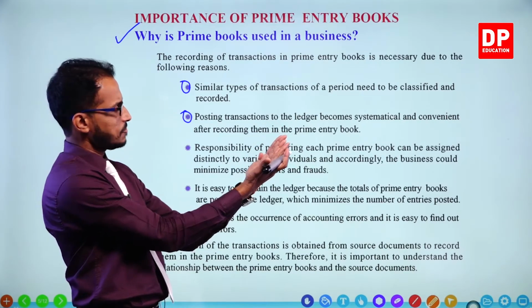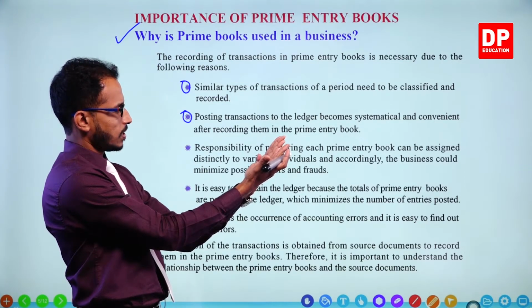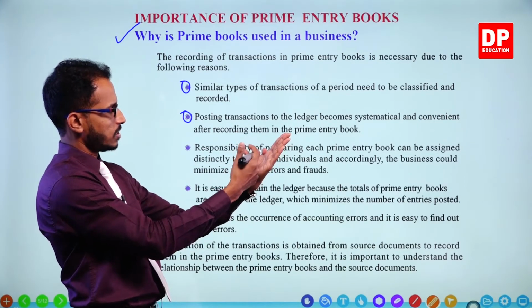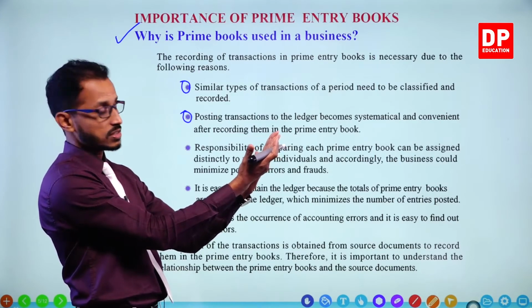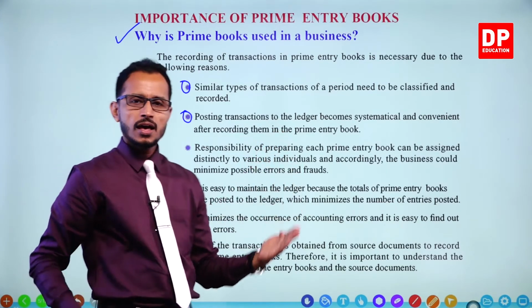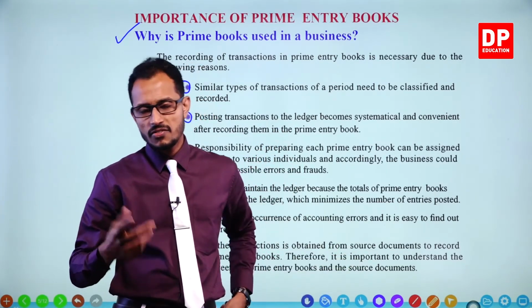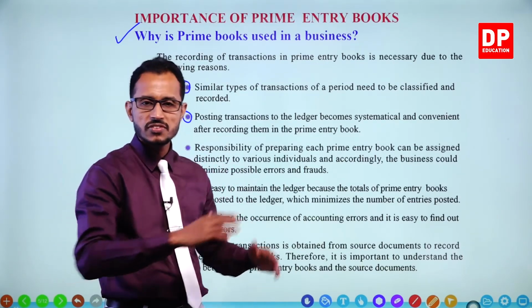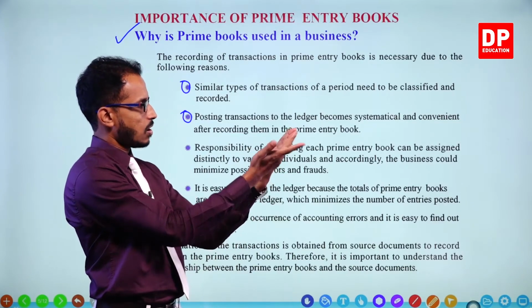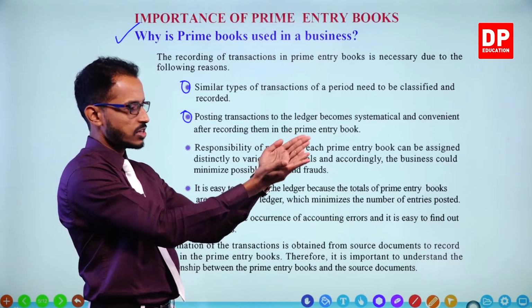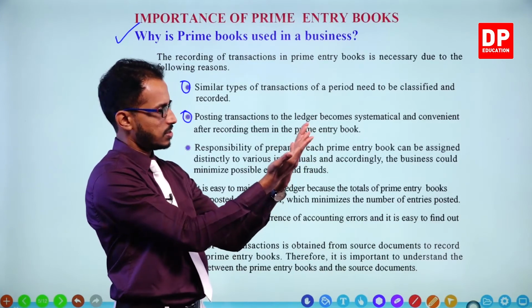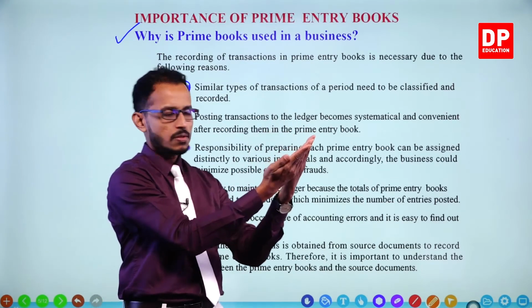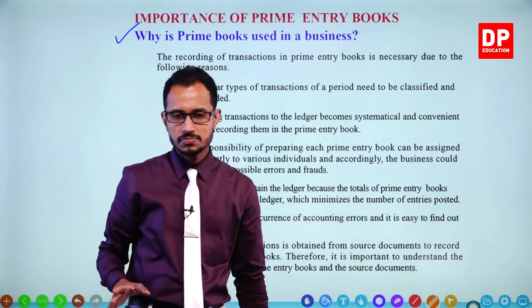He can very easily know what cash transactions have happened, how much cash was received, how much cash was paid. And then he can get an idea about the day's operations.